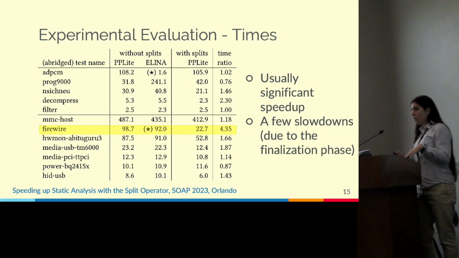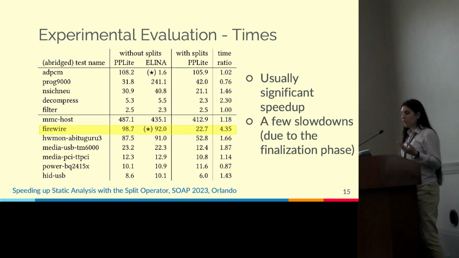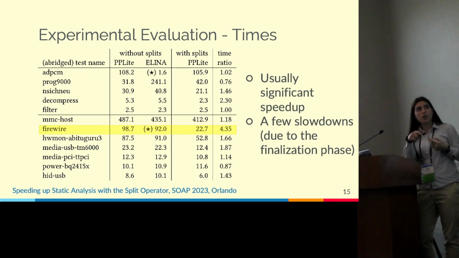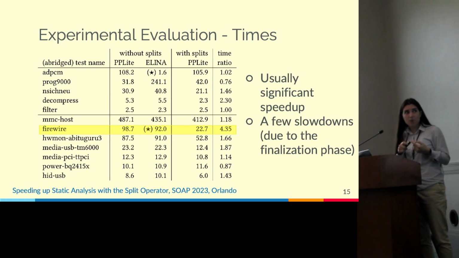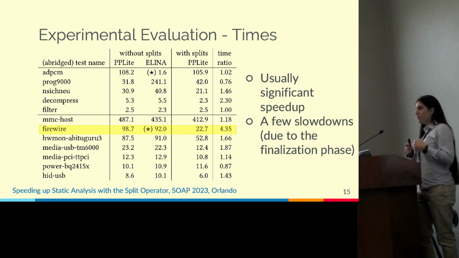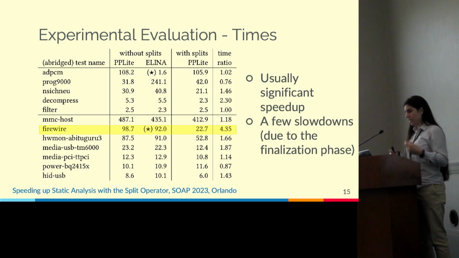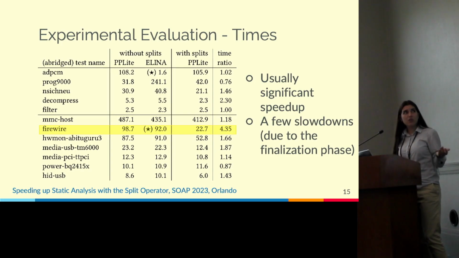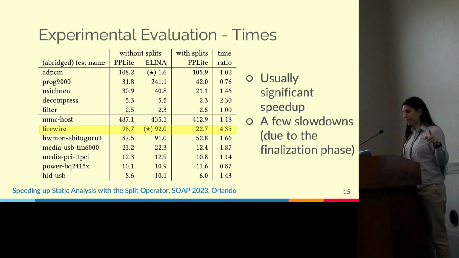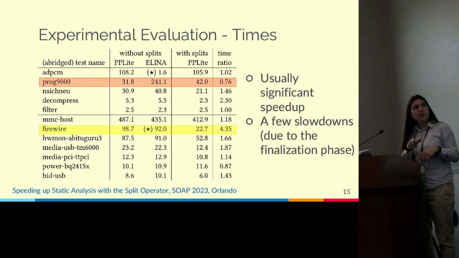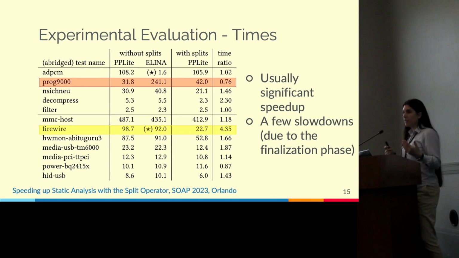One thing that I want to mention, and is important to mention, is that we are able to achieve these significant speedups without any precision loss at all. So this is a nice thing to have. And as you may notice, we have a few slowdowns, as you can see here, and these are due to the finalization phase.